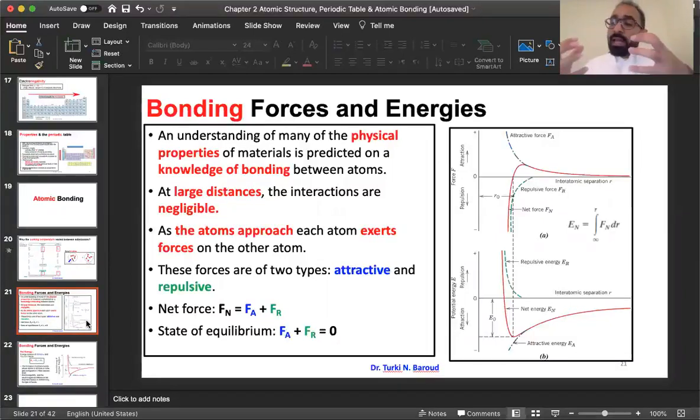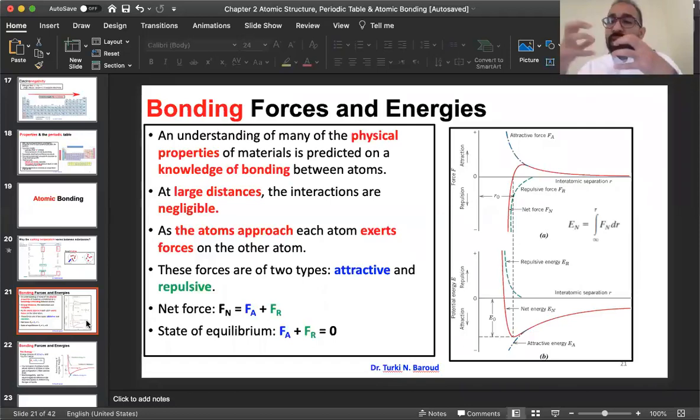And similarly, oppositely, if you bring them very close to each other, you know that each atom has a nucleus with a positive charge, and around the nucleus we have revolving electrons that we talked about last time, with a negative charge. If you bring them closer, what's going to happen?